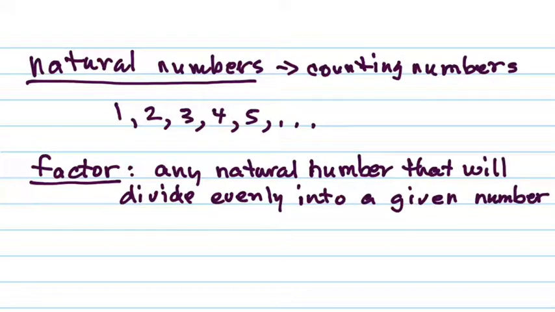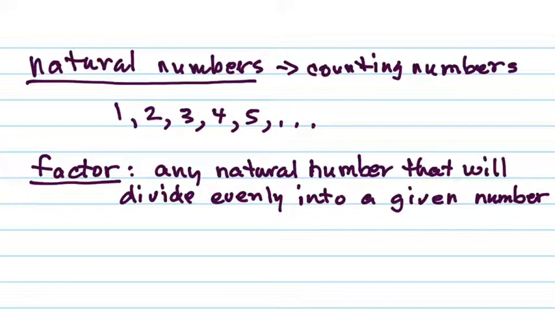Okay, so it's a natural number, so coming from that set of natural numbers, and it will divide evenly into any given number. So if I give you a particular number, then you can, as long as it divides evenly into it.